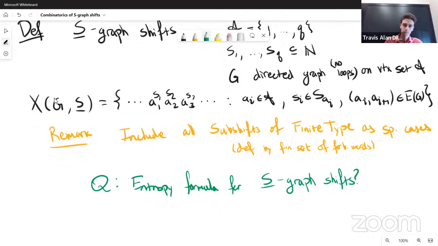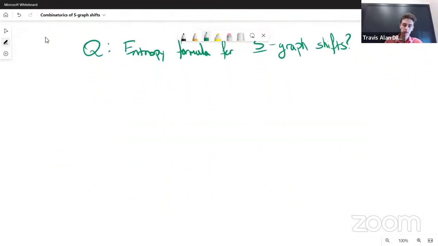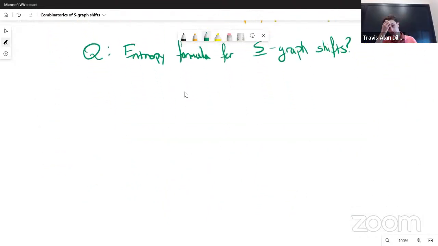Okay. So I'll leave this question up here. And in order to state the theorem, I just need to introduce a very small amount of notation. And then we'll be ready and we can talk about the actual results that are new to this paper.